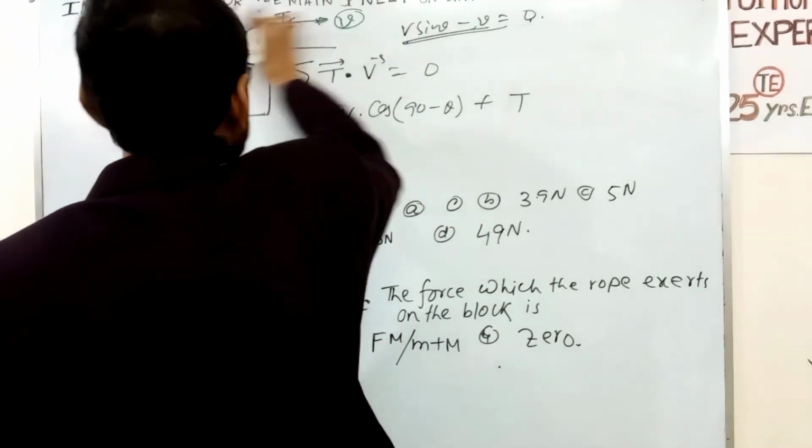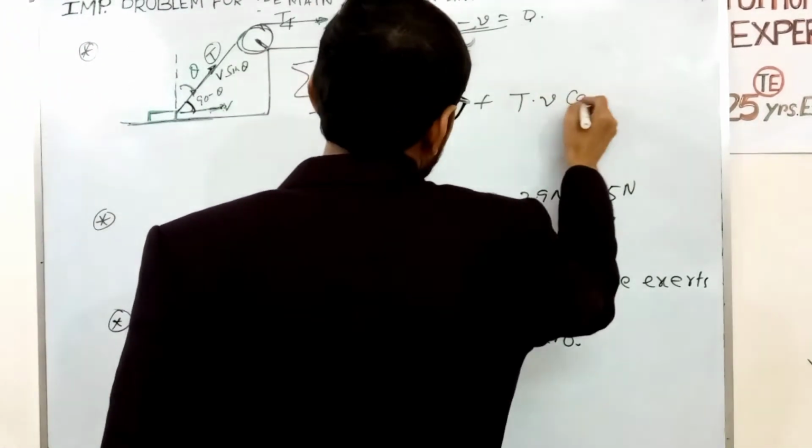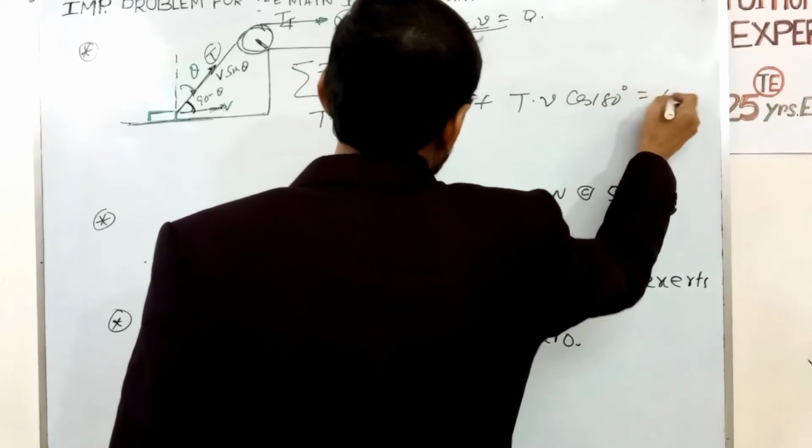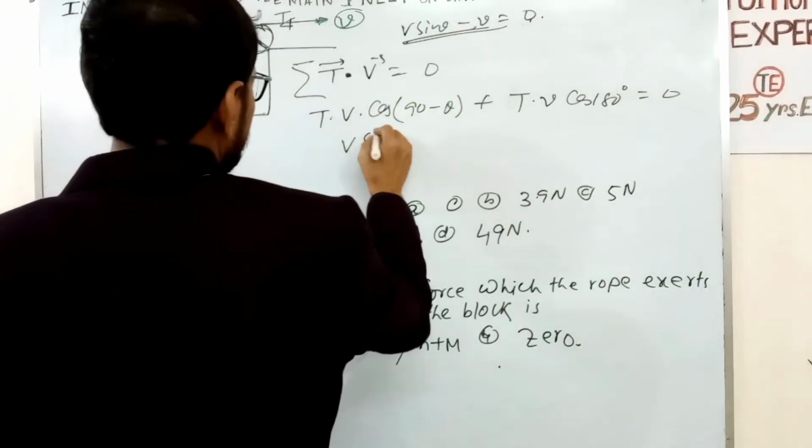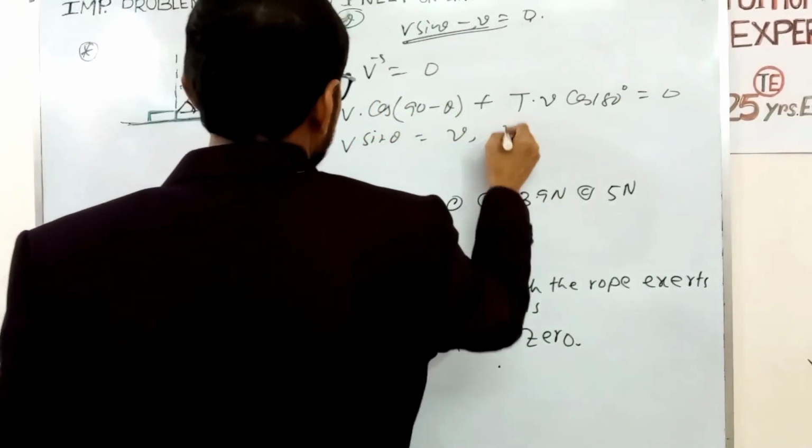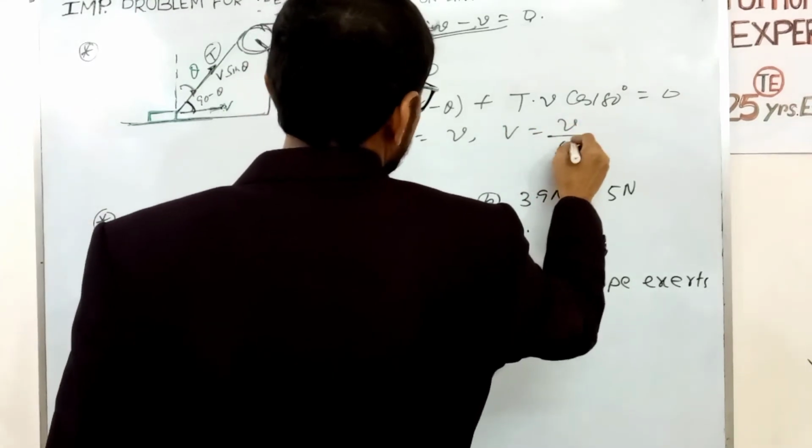If we pull, the tension is this, T into v cos 180 equals 0. So v sin theta equals v, so v equals v by sin theta.